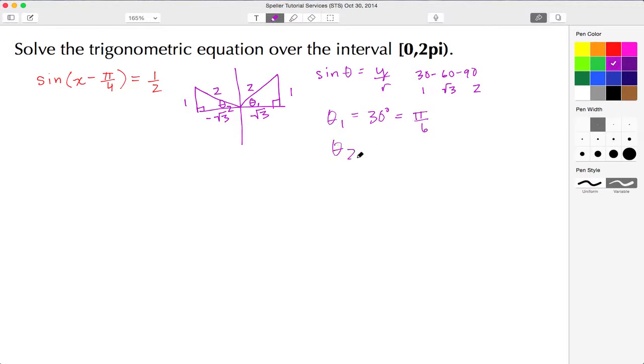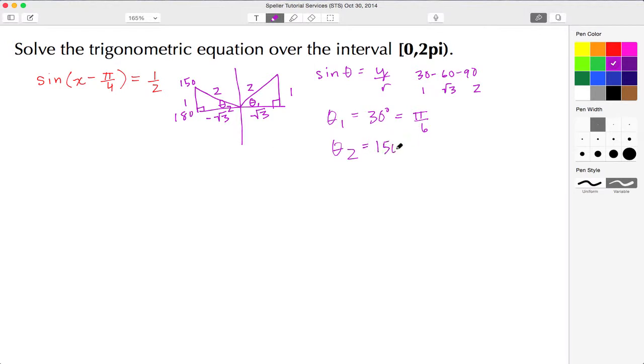To figure out the value for theta 2, we know that here on the axis is pi, which is 180 degrees. If this angle is 30 degrees, that means this angle here is 150, because 180 minus 30 gives me 150. Now we use some basic mathematics to figure out the radian measure.